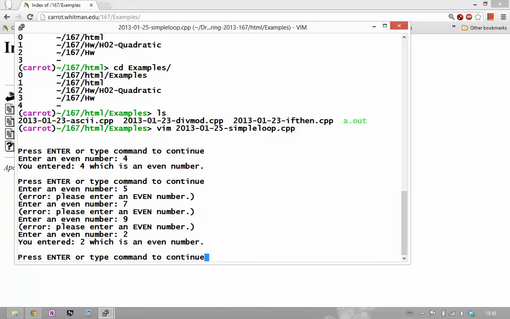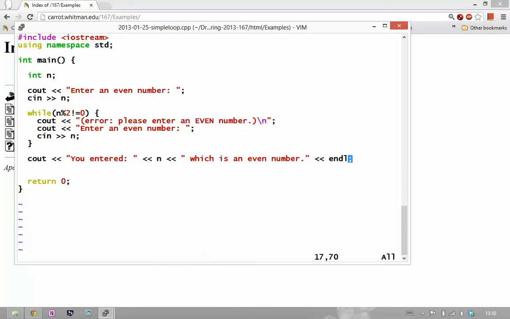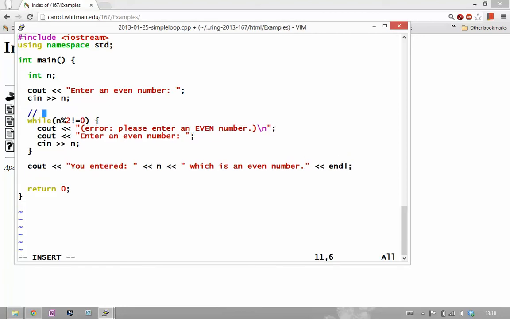All right, let's look at how this is happening. What we're using to get this repetitive behavior is something called a while loop. It's one of 2 main kinds of loops that you have in C++. How does it work?